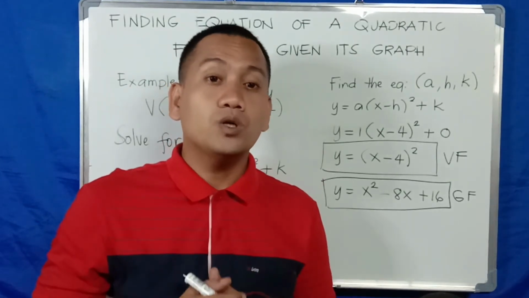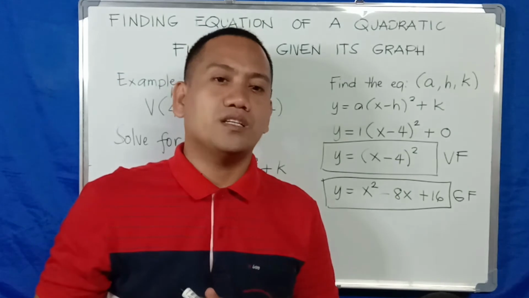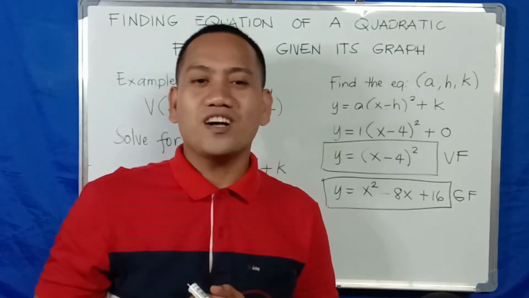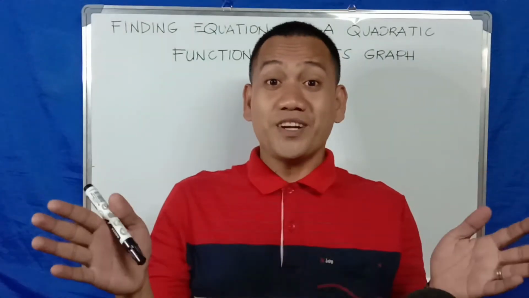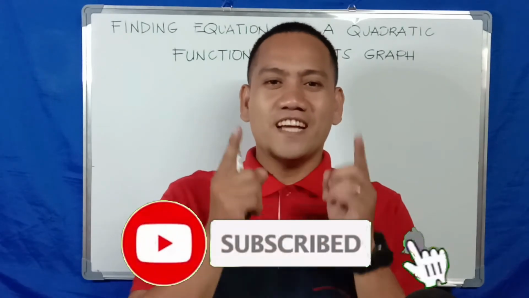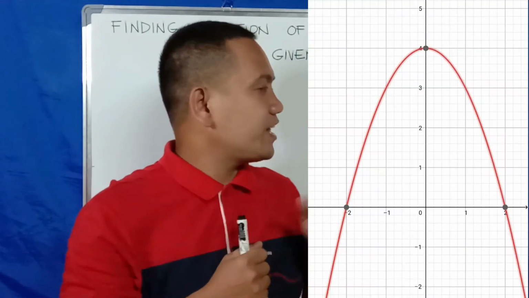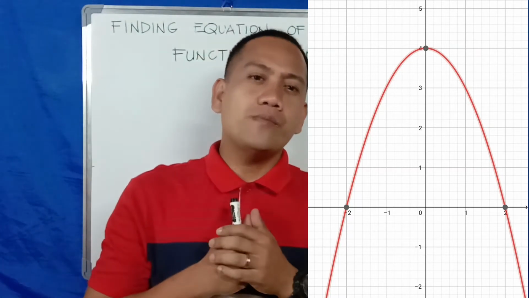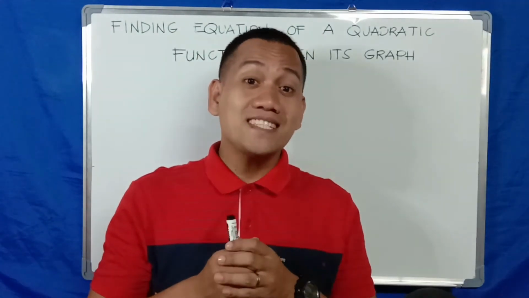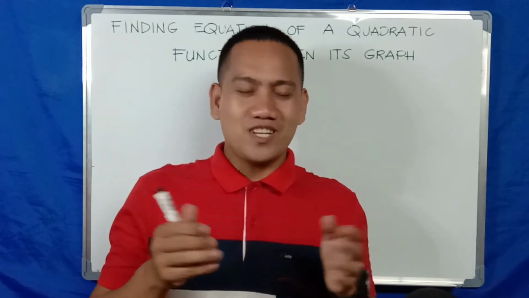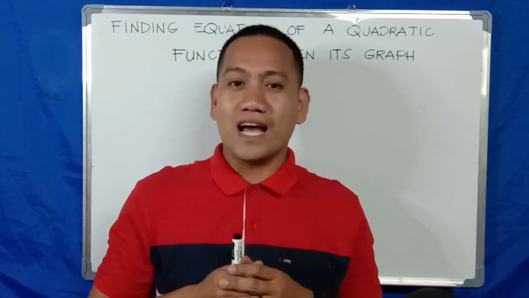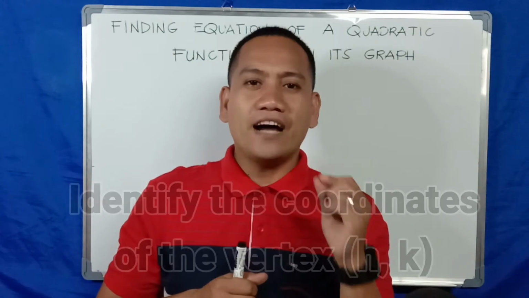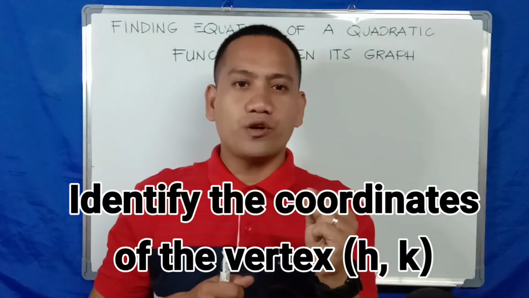So this is how to obtain our equation when the graph of a quadratic function is given. Let's try to have our second example. Let's try to look at our second graph. And in this case, the graph opens downward. And again, we will be expecting that our a will be less than 0, or a negative result. So let's try to find out if we will get it right. So we will have to identify the coordinates of our vertex.